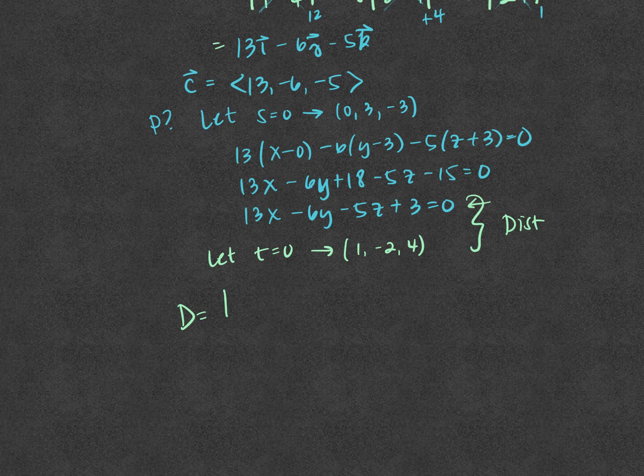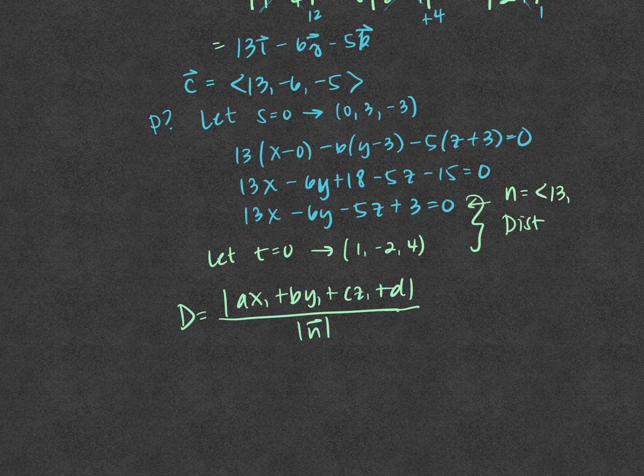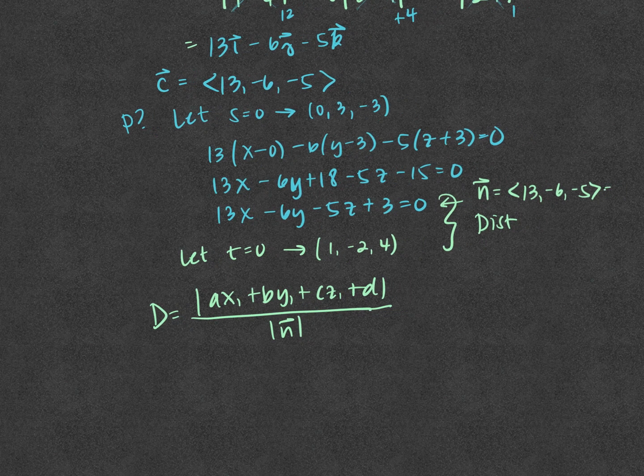I have the length ax1 plus by1 plus cz1 plus d over the length of n, because I like the length of n. Remember that n here equals 13, -6, -5. It's technically c, which is the vector that's perpendicular to both.